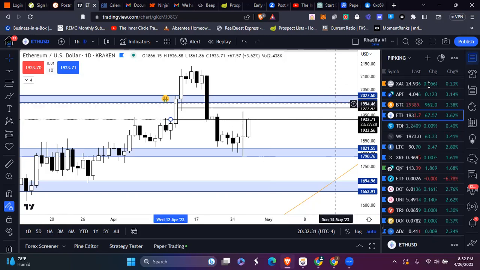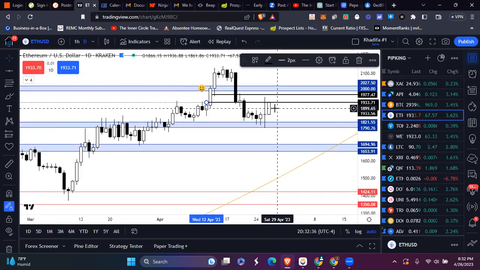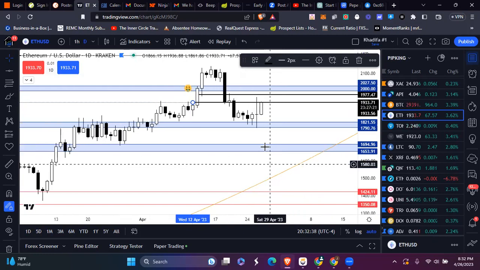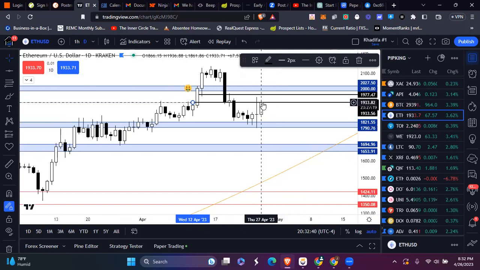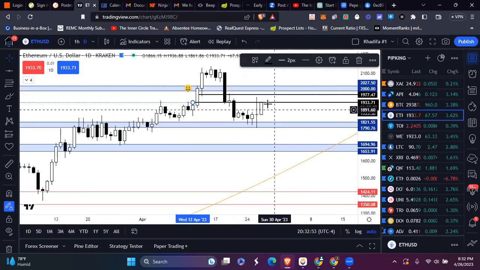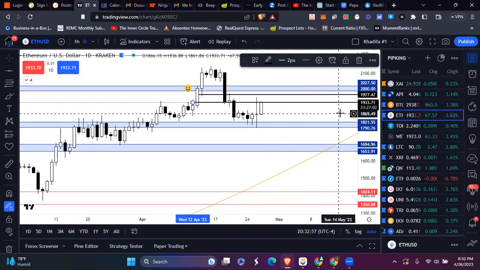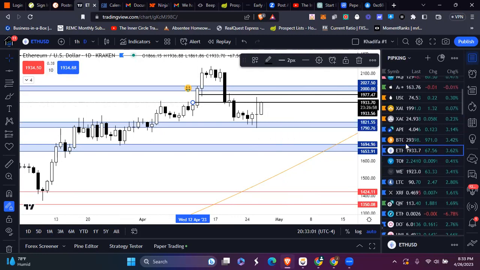I'm going to leave that right there, because if we don't break back above this level, then we may come back down to play up in here a little bit more to see if we've got enough support here to get back up above it. But let's just see what we get throughout the rest of the night, and for London going into New York for crypto.